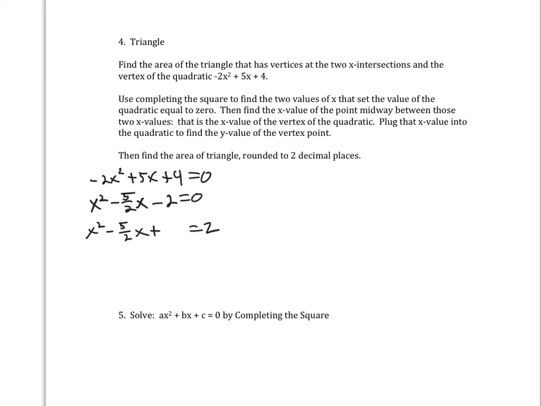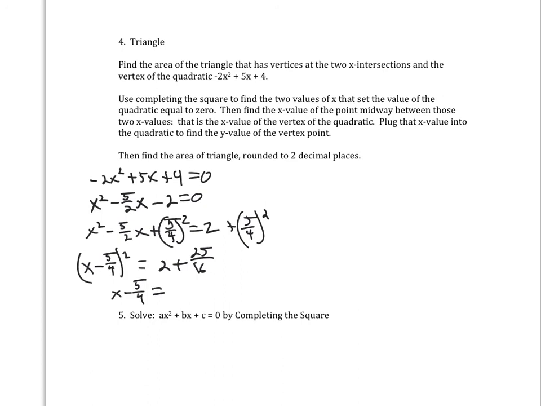We're going to add 1/2 of this squared, so we're going to add 5/4 squared, and we'll add that to both sides. And when we factor here, we're going to get x minus 5/4 squared is equal to 2 plus 25 over 16. So we're going to end up with x minus 5/4 is equal to the positive or negative square root of 2 and 25/16, or 57 over 16.